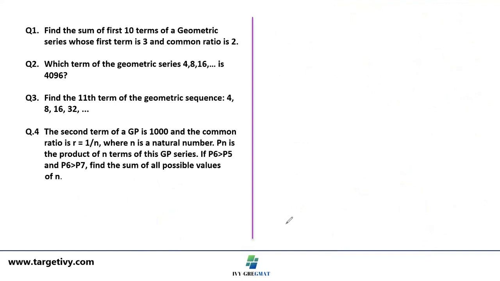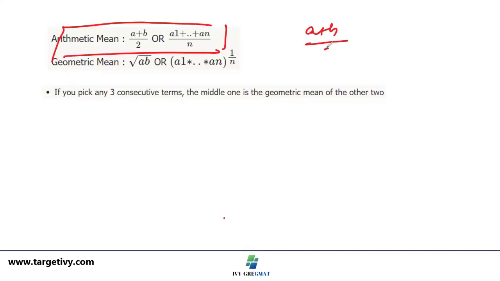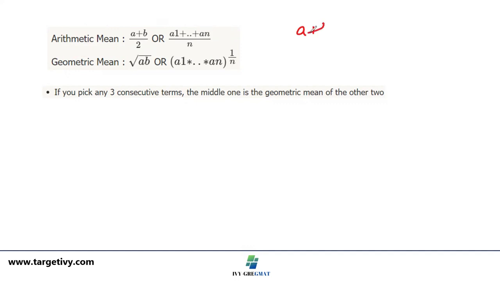Okay, so let's wrap up our learning with the last bit. The arithmetic mean of two numbers a and b is always (a plus b) by 2, and the geometric mean is the square root of ab.